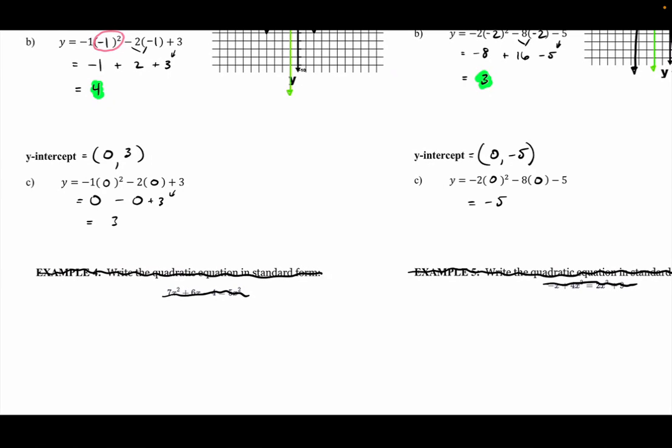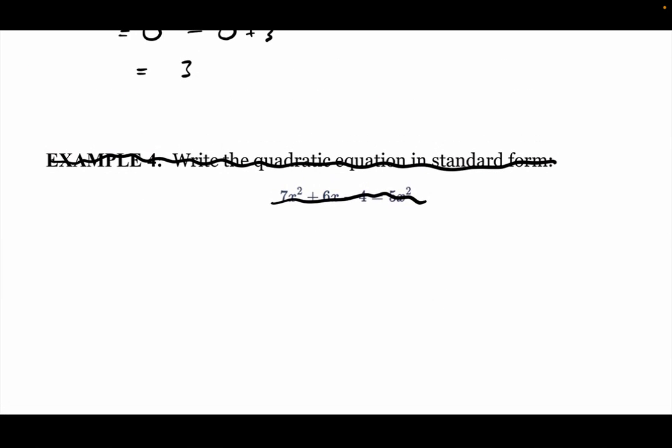I'm going to give you an equation in standard form, and I want you to tell me all the things we've done. Let me write it down. You don't have to graph this one. You don't have room for a graph, so you just tell me all of those things. So, new example number 4, here's the equation.